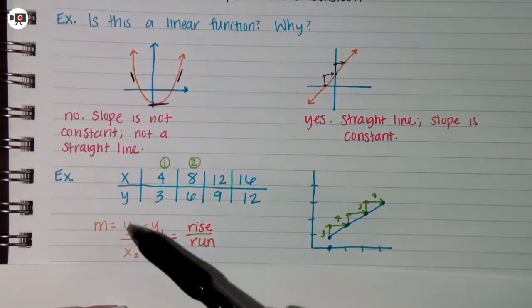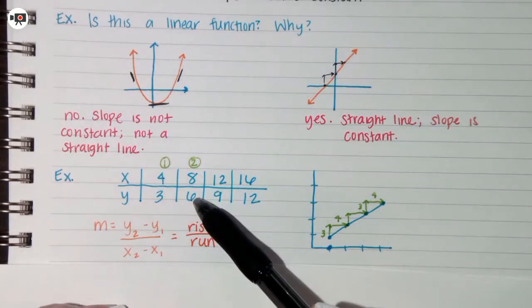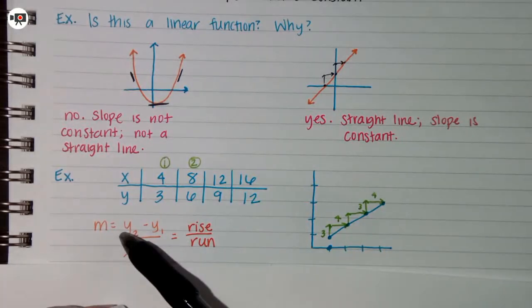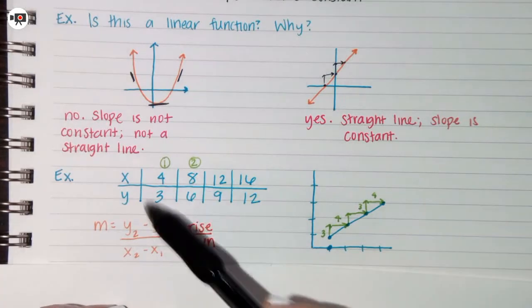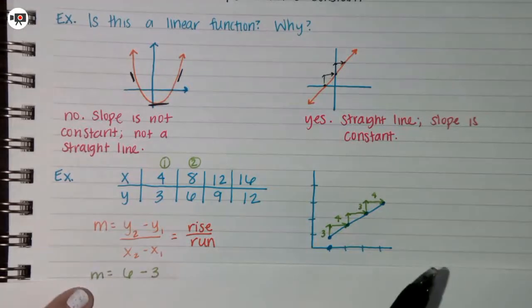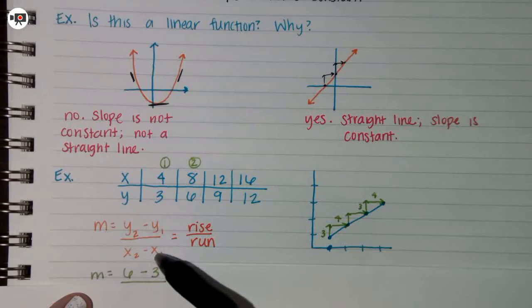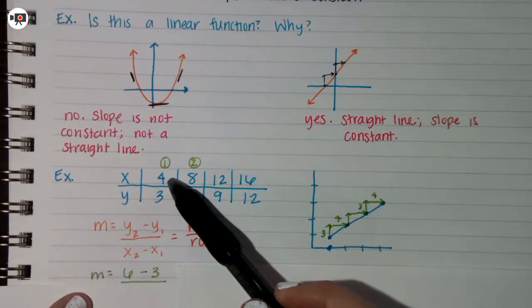So I take my y from point 2 and plug it in, minus y from point 1. So I have 6 minus 3 over x from point 2 minus x from point 1.